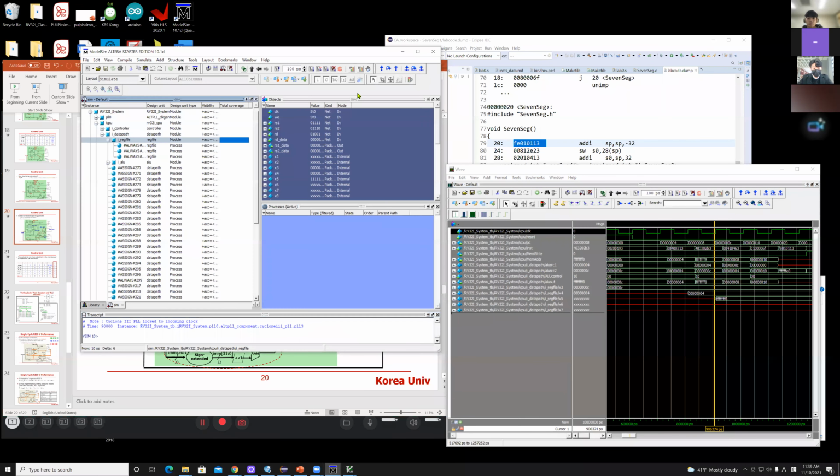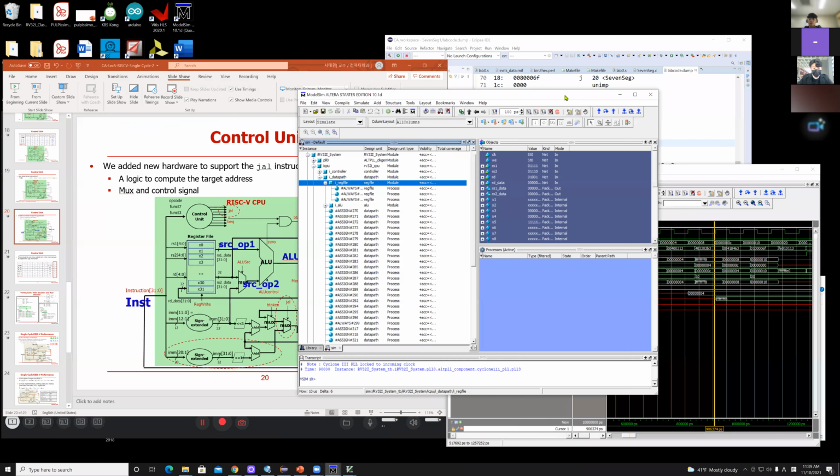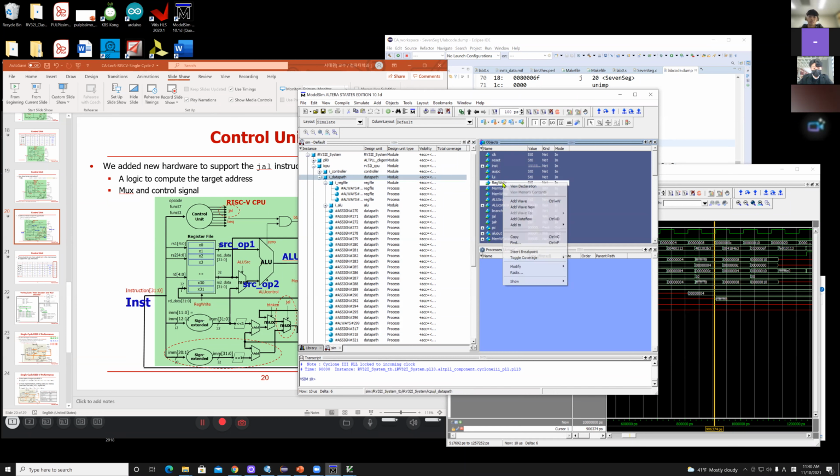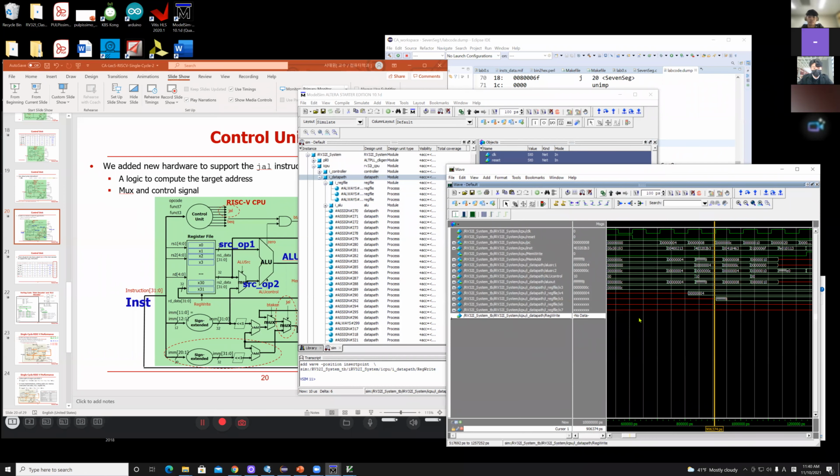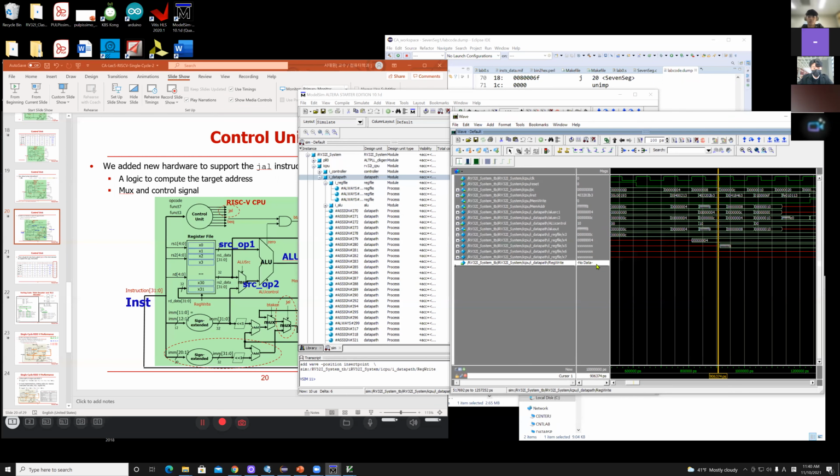So where is reg write? In the register file, either this one, write enable, or go to the data path, reg write. This one is probably add. So that signal, the data, is not shown. You have to restart the simulation to see this signal. And the PC, program counter. How about that?